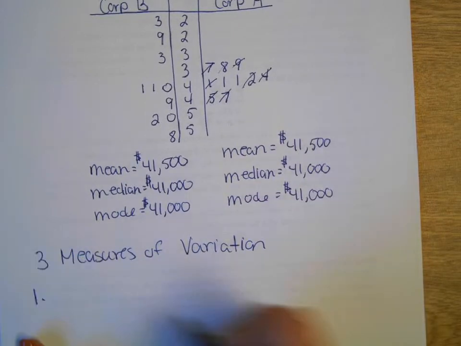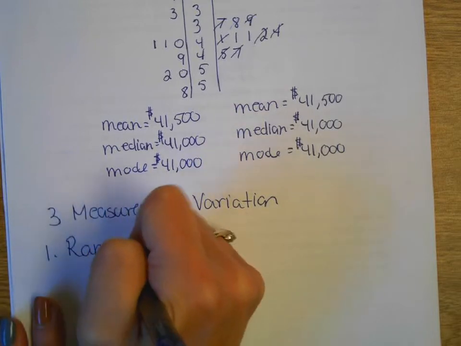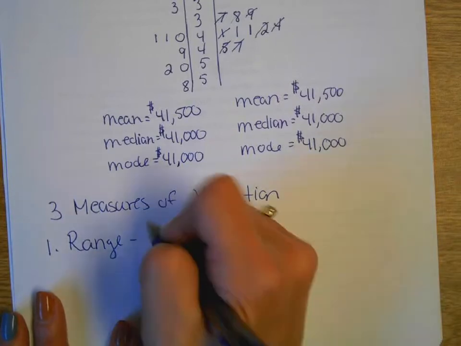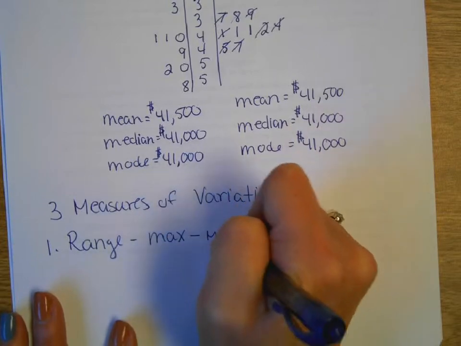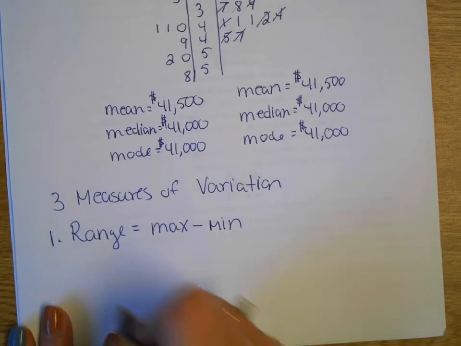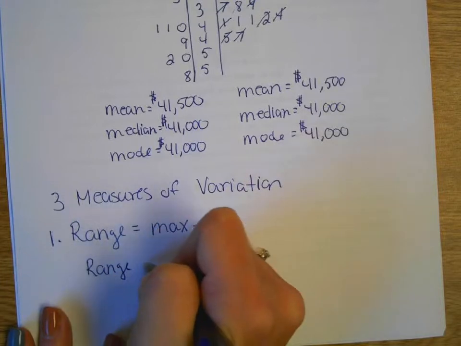The first one, being the one Matt already said, was range. How do you think you get a range for a data set? Take the highest subtract the lowest. Max minus min. So if we do the range for Corporation A and then the range for Corporation B, that's where we're going to see a big difference.